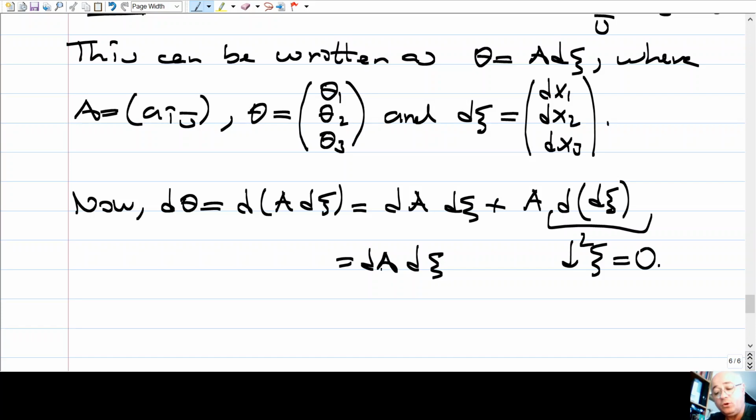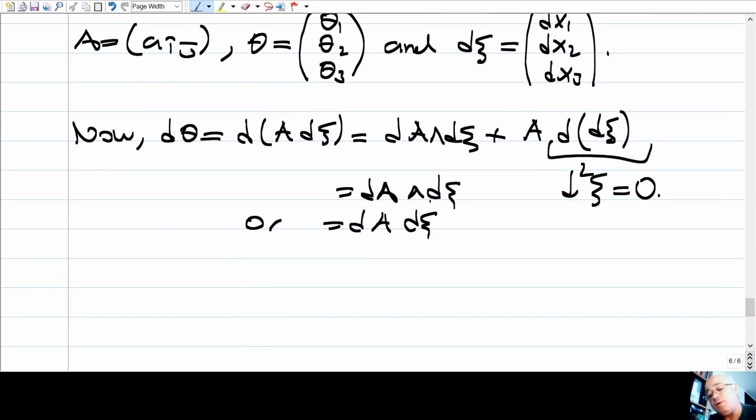Of course, when you compute the entries of this matrix multiplication, you take a wedge product of the entries of this matrix and this matrix. The book doesn't put the wedge notation here, but you may put it here, or simply we just write it like this. But we don't forget that these are one forms, so when you take the product, you have to use the wedge product.